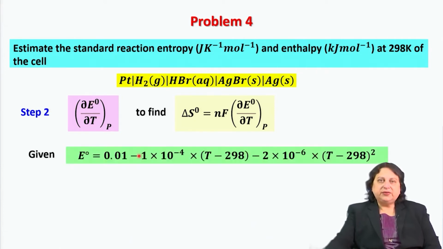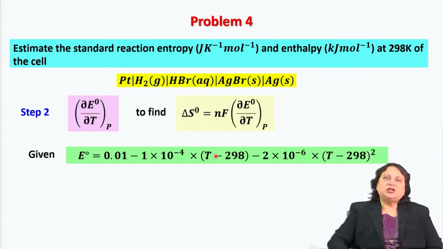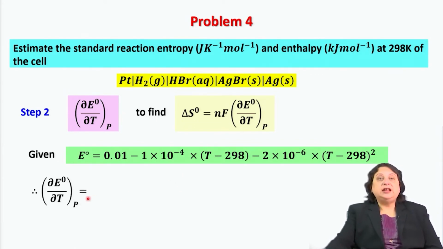Now, it is given to you that E naught is a function of temperature, and I have obtained this information from the experimental data. So, I can very quickly find out what del E naught del T at constant pressure would be from this given relationship. Obviously, the first term is a constant independent of temperature, so that will not appear in your expression for the derivative.